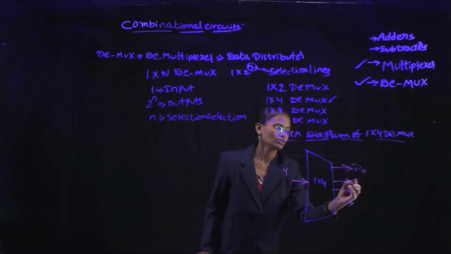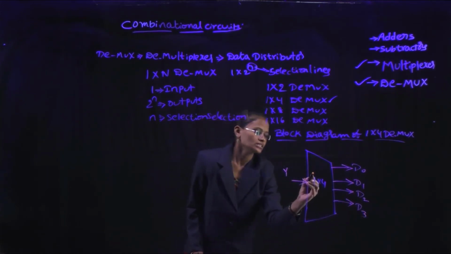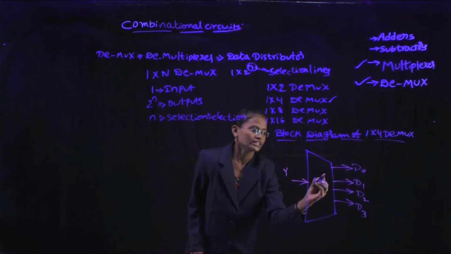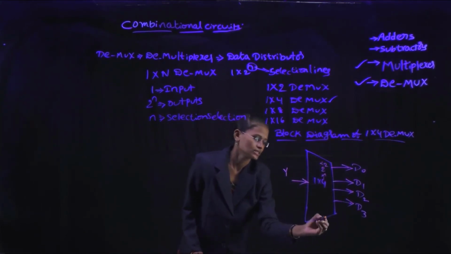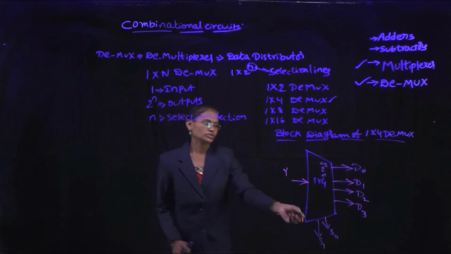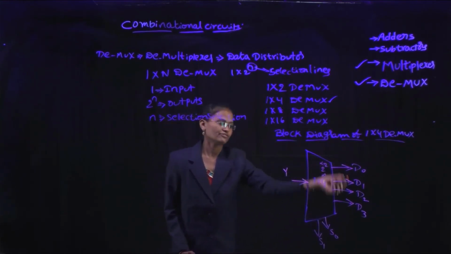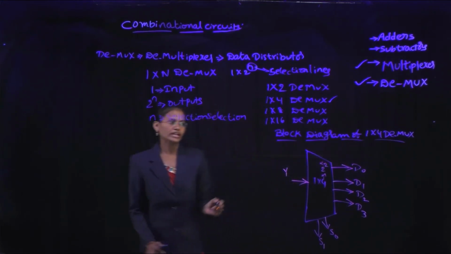This is D0, D1, D2, D3, and here 4 is written as 2 squared, so 2 selection lines, S0 and S1. 2 selection lines, single input and 4 outputs. This is the block diagram of 1 by 4 demux.